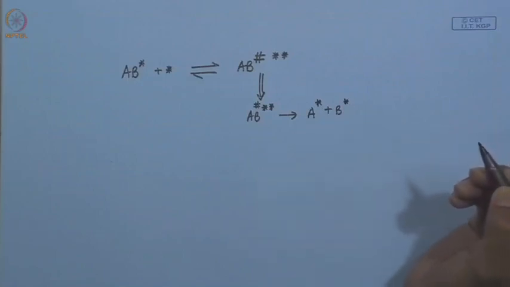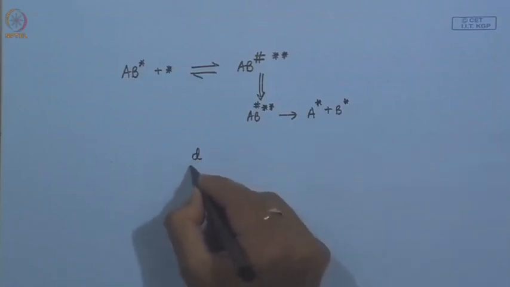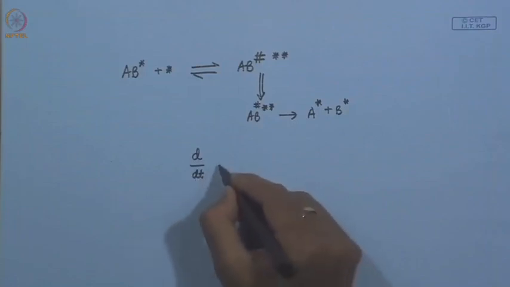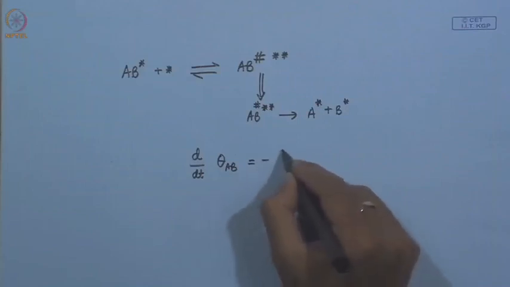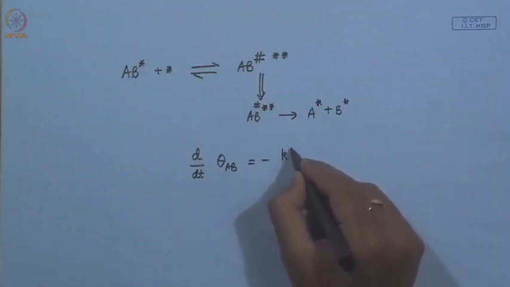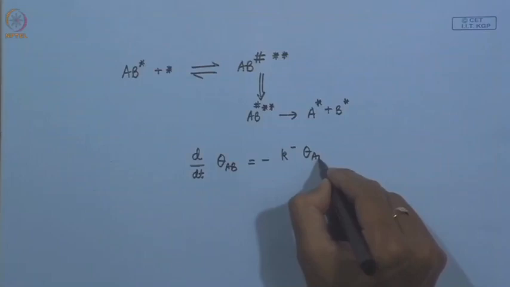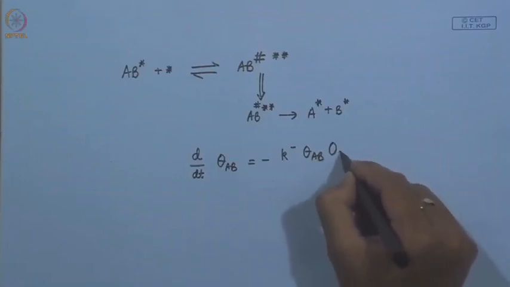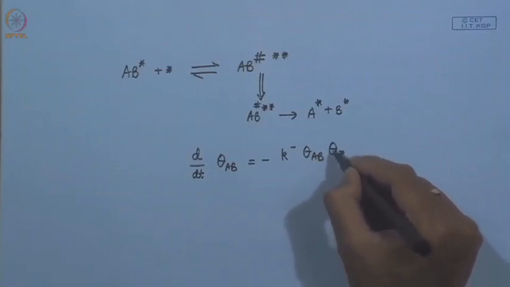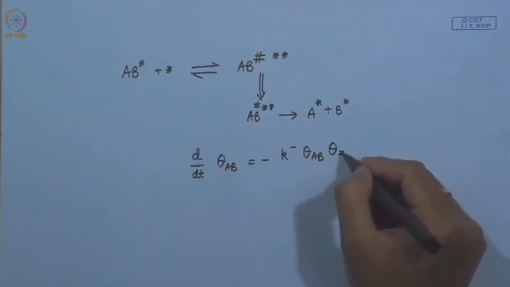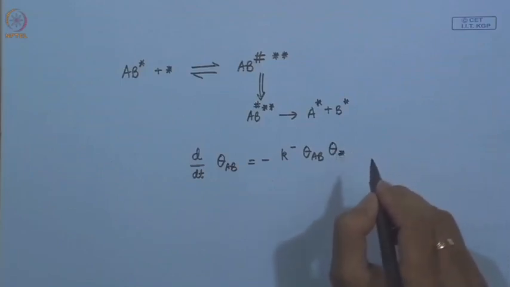Okay. So, the rate, d theta AB by dt, is equal to minus K minus theta AB theta star, that is the uncovered region. That is your surface.